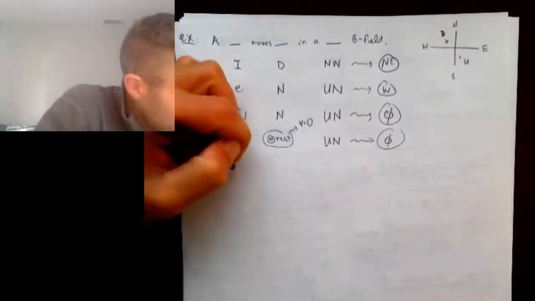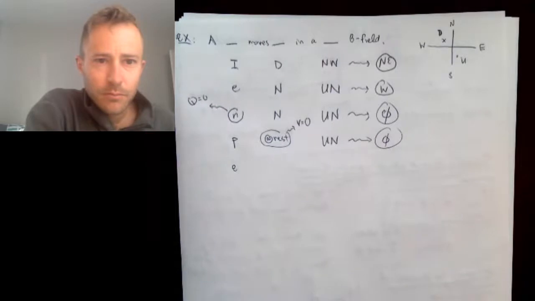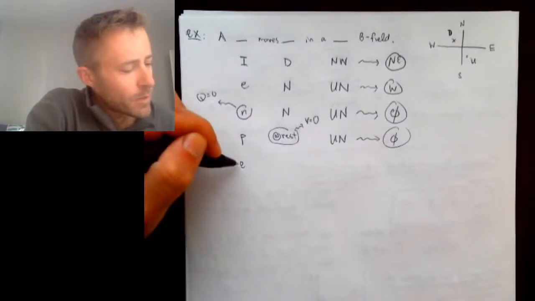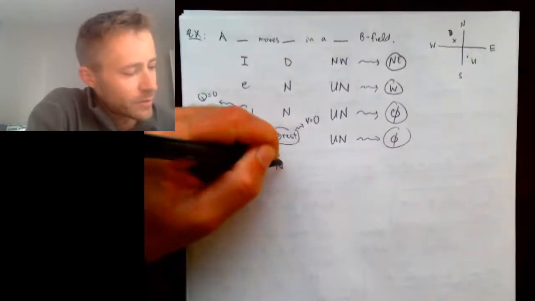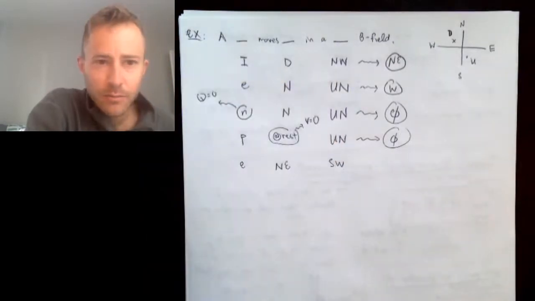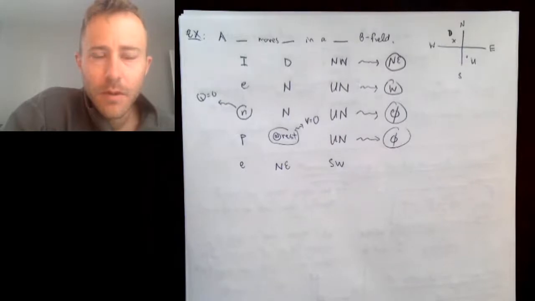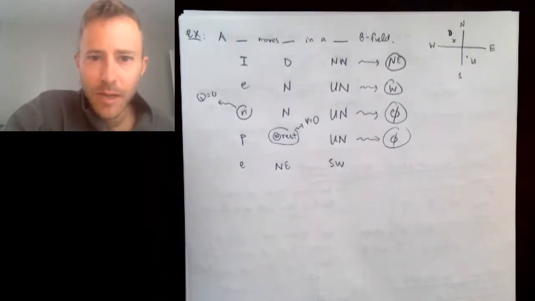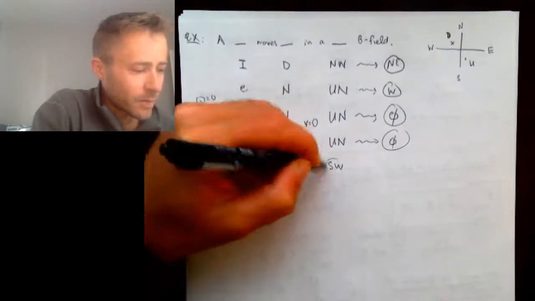What if we have an electron that travels, let's say, northeast in a southwest magnetic field? Well, let's just draw that out for a second.